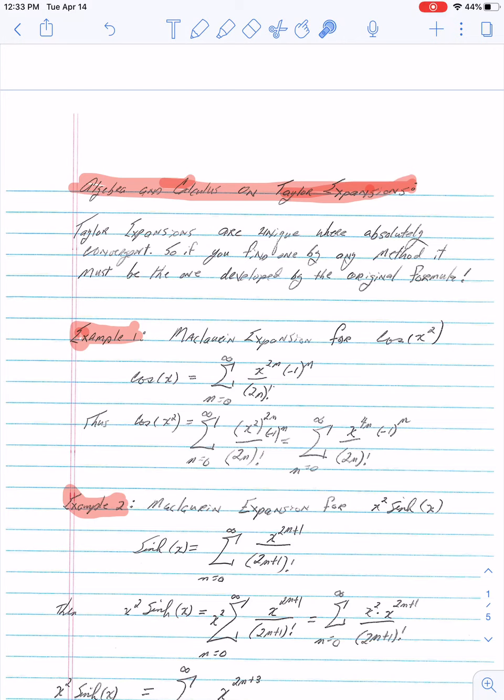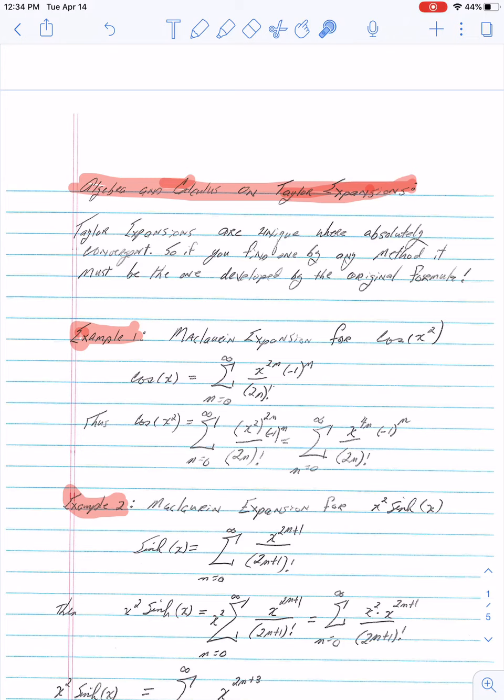Now, for those of you who remember your rules of exponents, x squared to the 2n is x to the 2n times 2, which is x to the 4n. So this cleans up to be x to the 4n times minus 1 to the n over 2n factorial. And guess what?